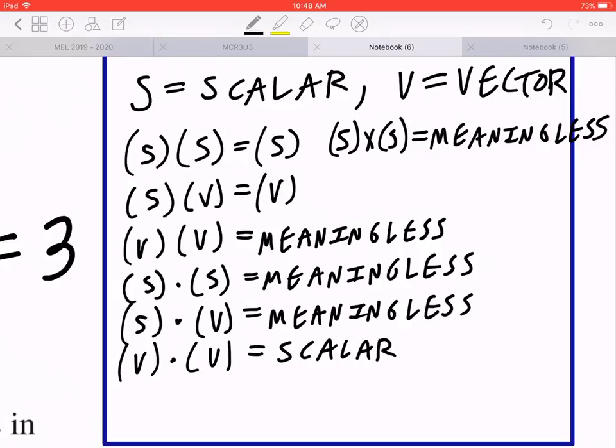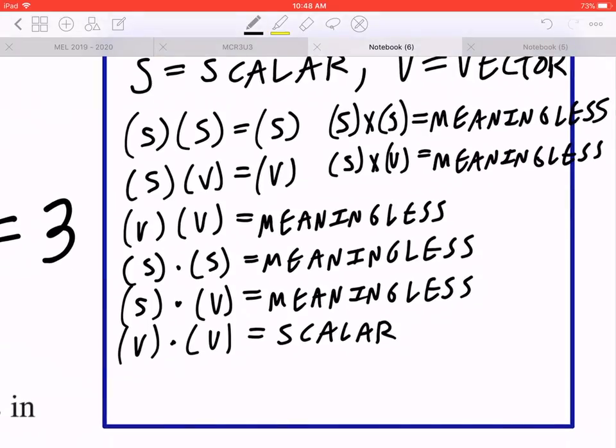If you take the cross product of a scalar and a vector, so again, let's say 5 cross vector w, this is going to be meaningless. Last but not least, if you take the cross product of 2 vectors, which is the basic concept behind the cross product lesson, this will still give you a vector.